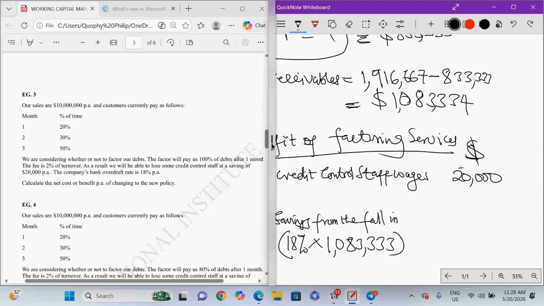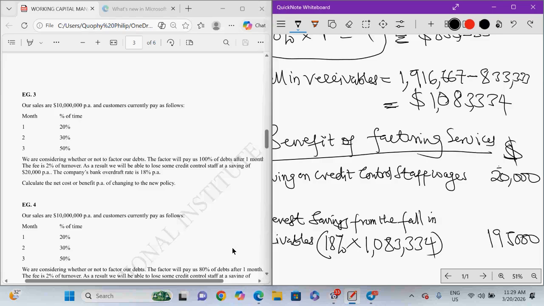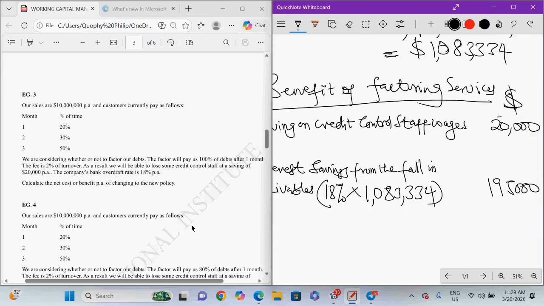So what then is our interest? 195,000. Forget the decimal, round to the nearest whole number. What other benefits are we getting from the factoring?